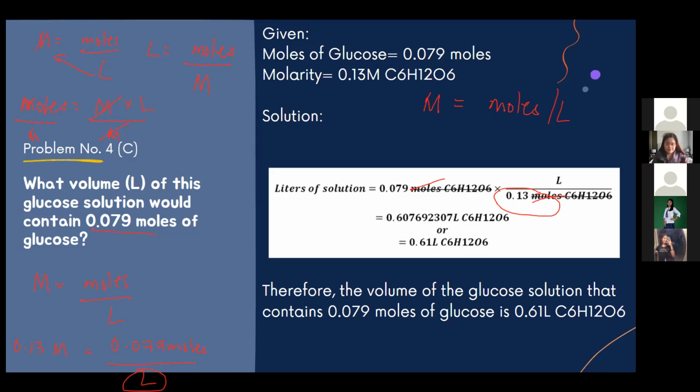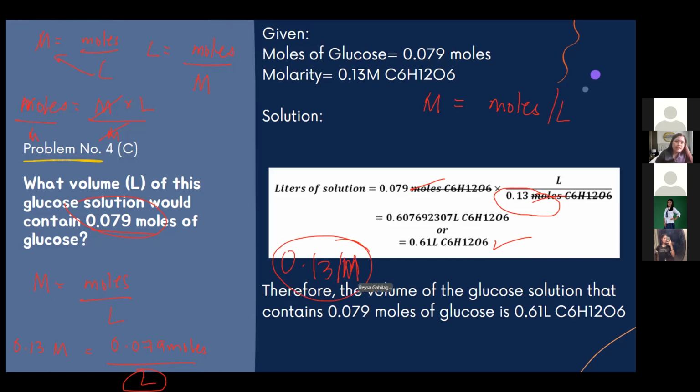0.079 divided by 0.13. To 2 decimal places, yes, this is correct, 0.61 liters. If you have 0.079 moles of glucose and its volume is 0.61 liters, its concentration is automatically 0.13 molar.